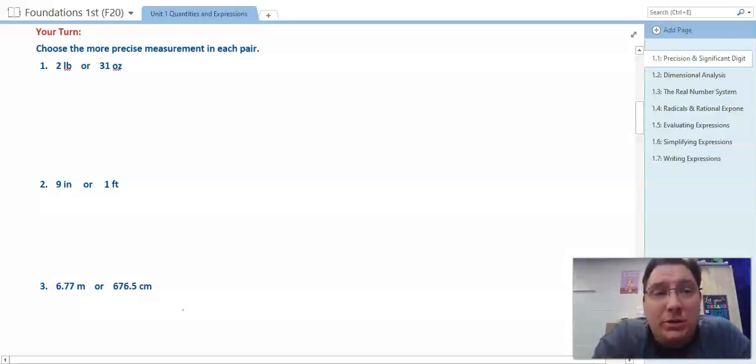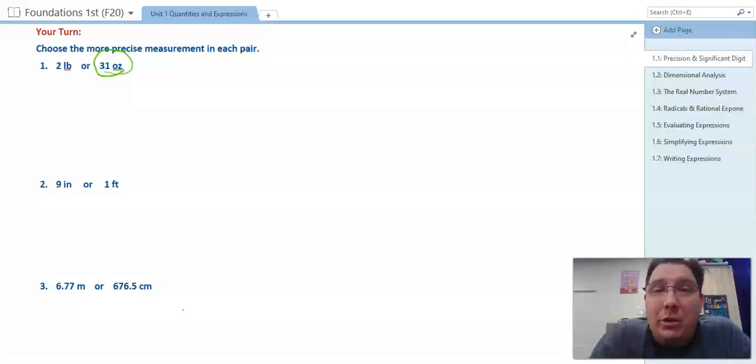All right, now that you've paused the video and tried these 3 problems, let's look and see how you did. In example 1, 2 pounds or 31 ounces. They're both in whole units, so which unit is smaller? Is a pound or an ounce smaller? Well, it's the ounce. So the 31 ounces is more precise than just 2 pounds. Look at example 2 now: 9 inches or 1 foot.